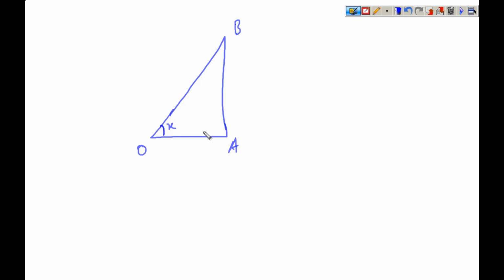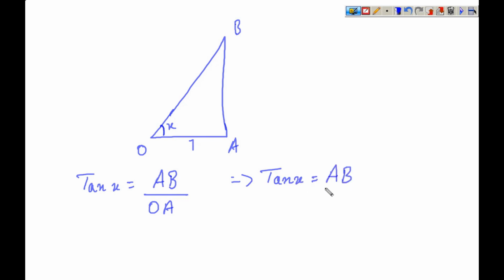So we can apply the tan function, right? Tan is opposite side by base. So we can write tan x equals AB by OA. We know OA is 1, which implies that tan x is AB, right?